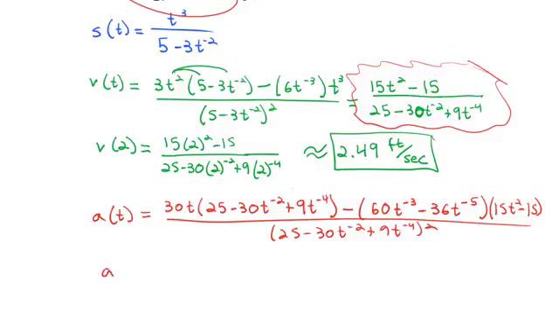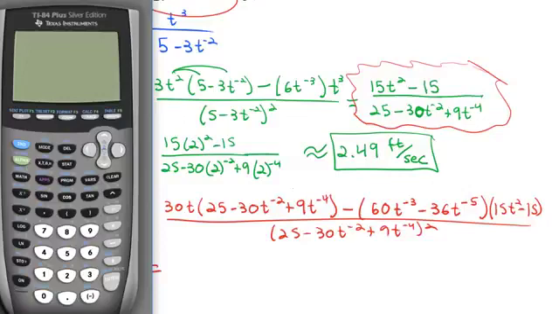Now the problem was asking us what's the acceleration at 2 seconds. So in order to get that, we're going to need to go back to our calculators. I'm not going to write it out. I'm just going to put 2 in for everything all the way across here.